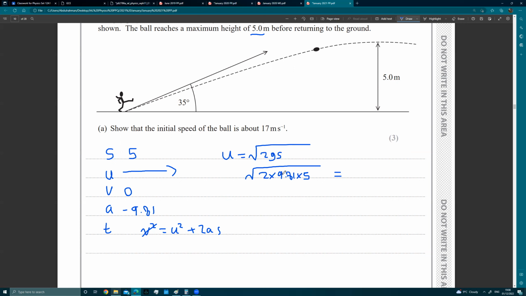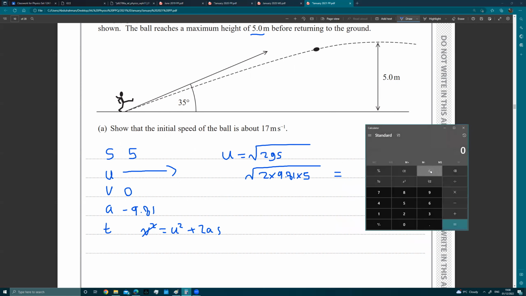You were being cheeky. I didn't even bother, I thought this would be too difficult to explain. You used u sin 35 straight away for the vertical. What I'm doing is just working out the vertical, because not everyone can realize you have to use u sin 35 straight away. So what's the square root of 2 times 9.81 times 5?